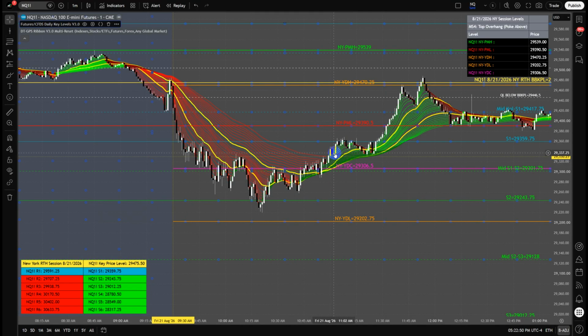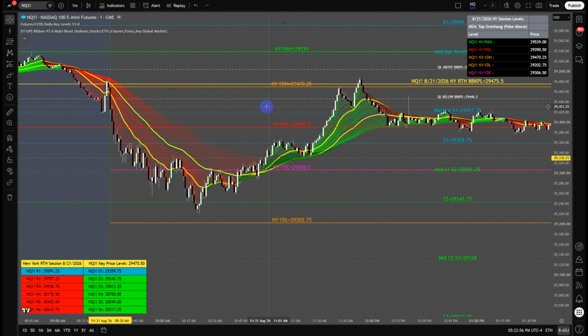If you're waiting for the ribbon to turn all green for confirmation of a bullish entry off of this reversal, then you're getting that around this area here and this area here. Then we get a nice move all the way back up to the bull bear key price level before falling off again.